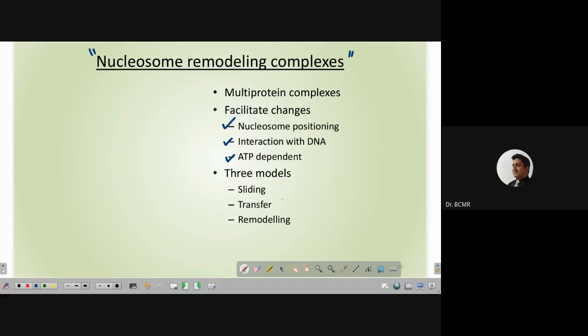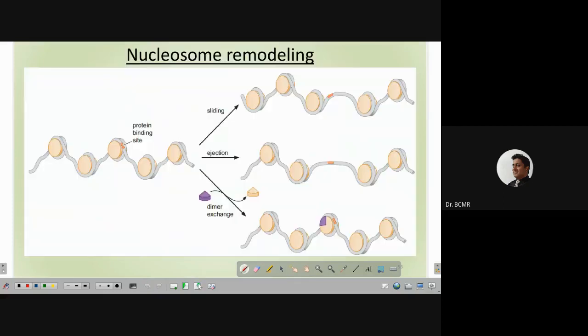You don't have to remember these names as such, sliding, transfer, and remodeling, because I think in the new edition there are new terms. We will follow those. In the older one, it used to be sliding, transfer, and remodeling, but that's all right.